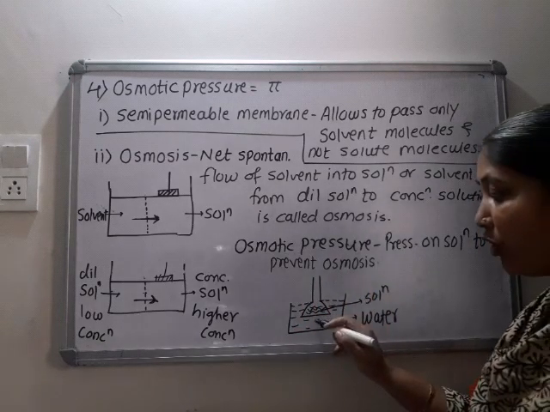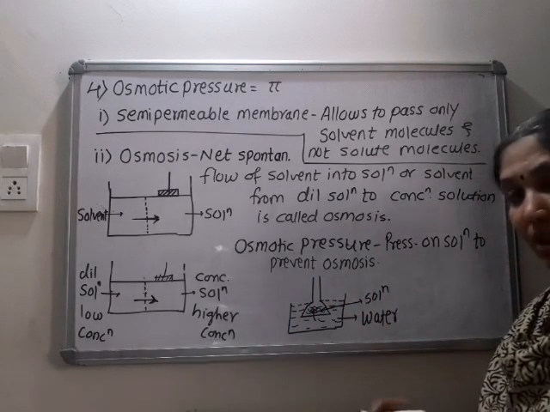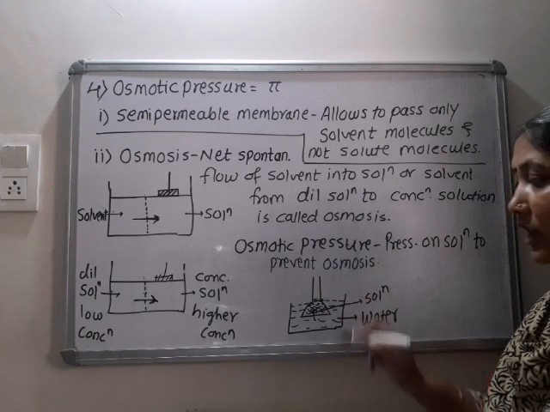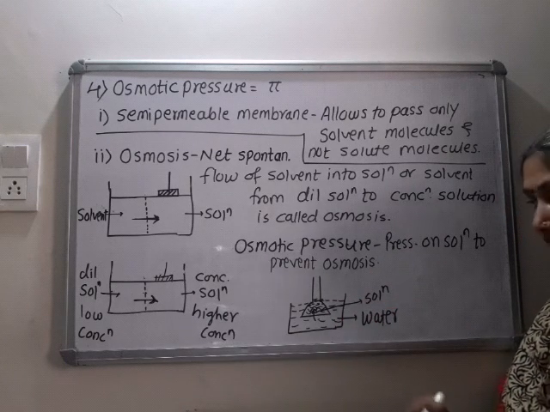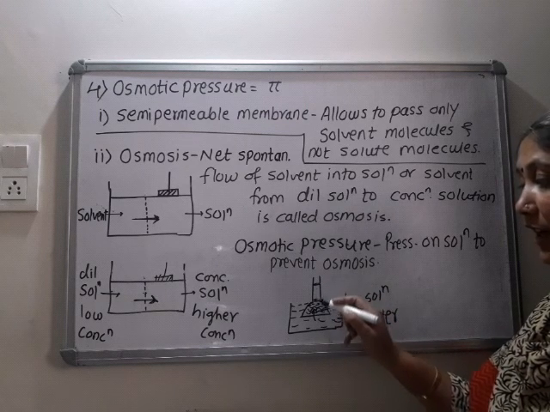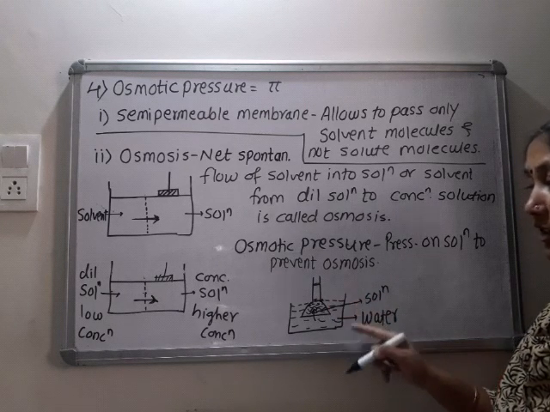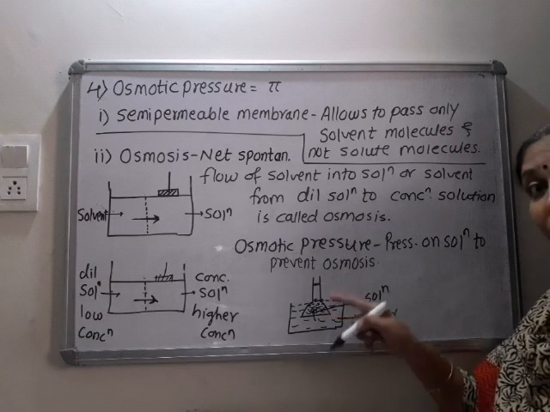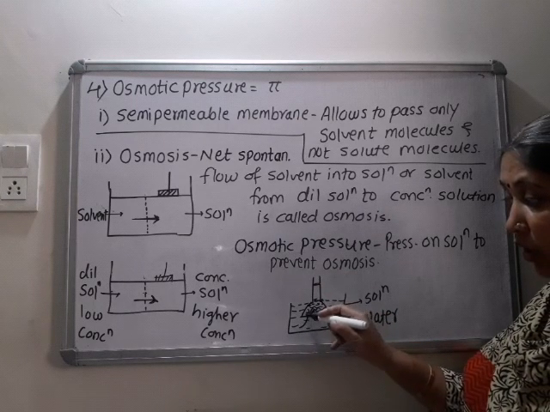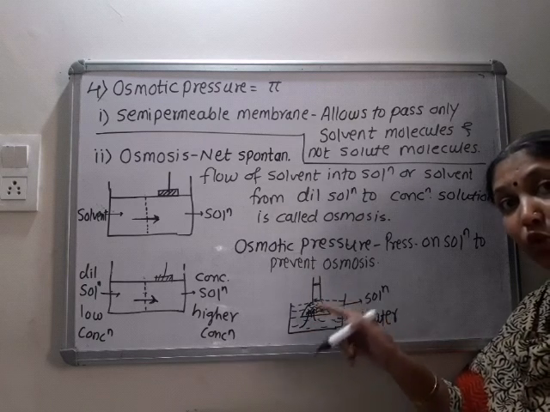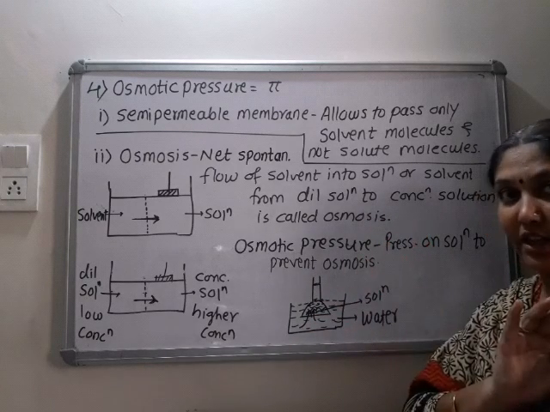Some amount of water enters, and the level of solution in this is increased, and a pressure is exerted by this liquid in the thistle tube on the solution, so that entry of solvent into the thistle tube is prevented.